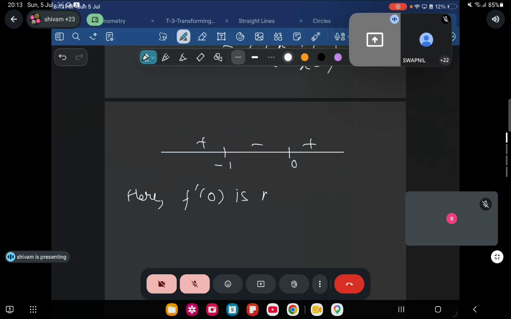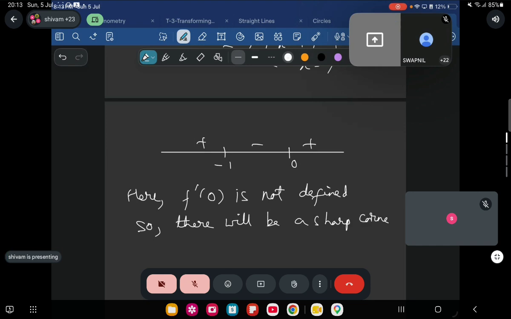So there will be a sharp corner at x equal to 0. Those who are online, are you getting it? Shamali, Shinika, Shubhangi, Adrito, Rasheshwari, Anvesha, Pratyay? Yes, sir.